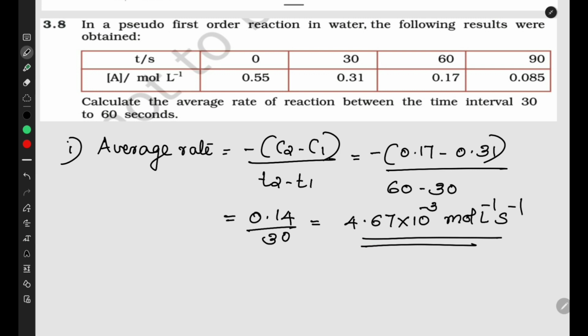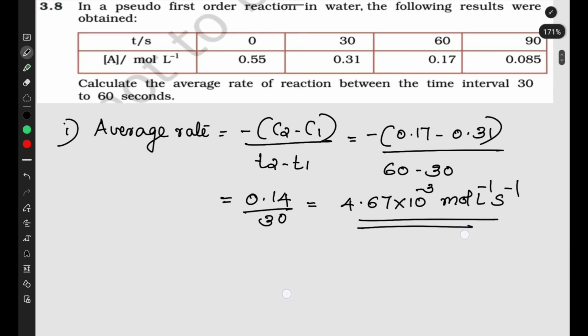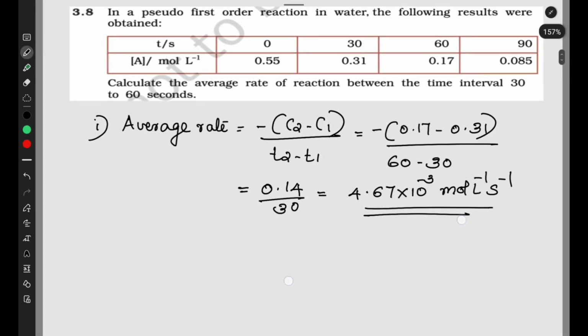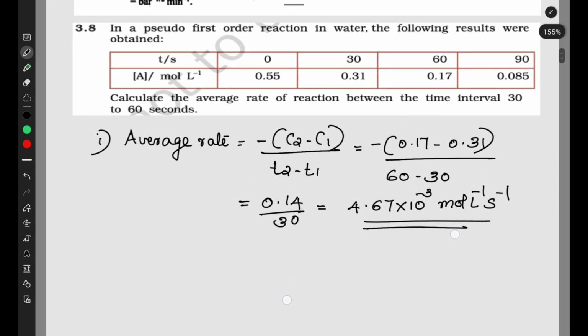And second part, we have to calculate the pseudo first order rate constant for the hydrolysis of ester. So we have to calculate it for each time interval. Let us take first 0 to 30, then 0 to 60, then 0 to 90.